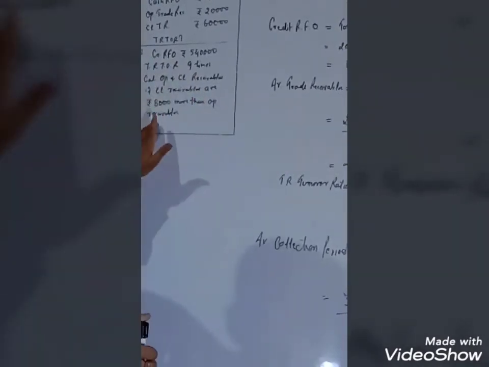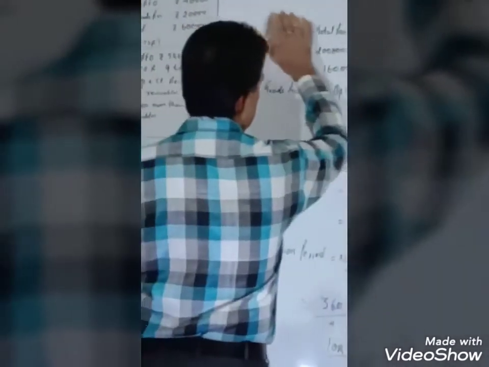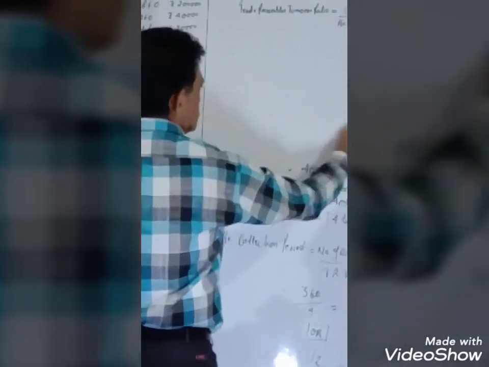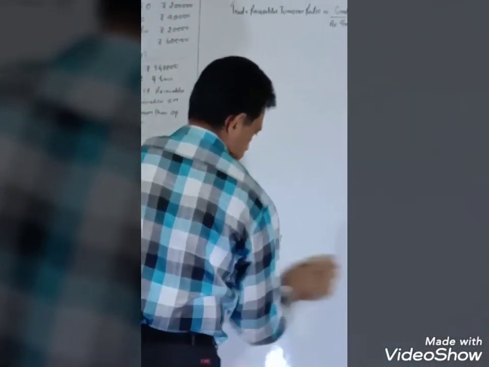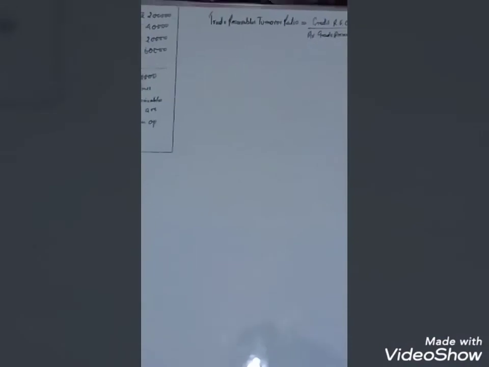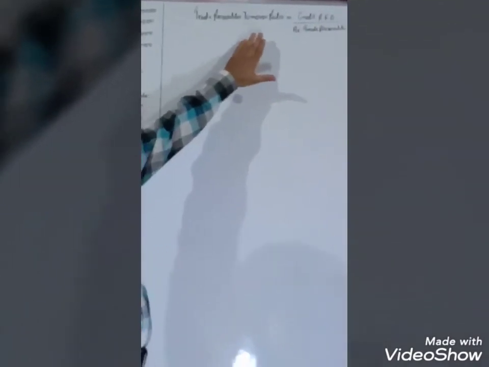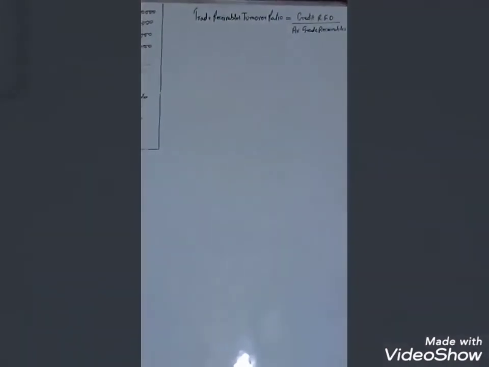Closing receivables are rupees 8,000 more than the opening receivables. We will start with the same formula: trade receivables turnover ratio is equal to credit revenue from operations divided by average receivables.